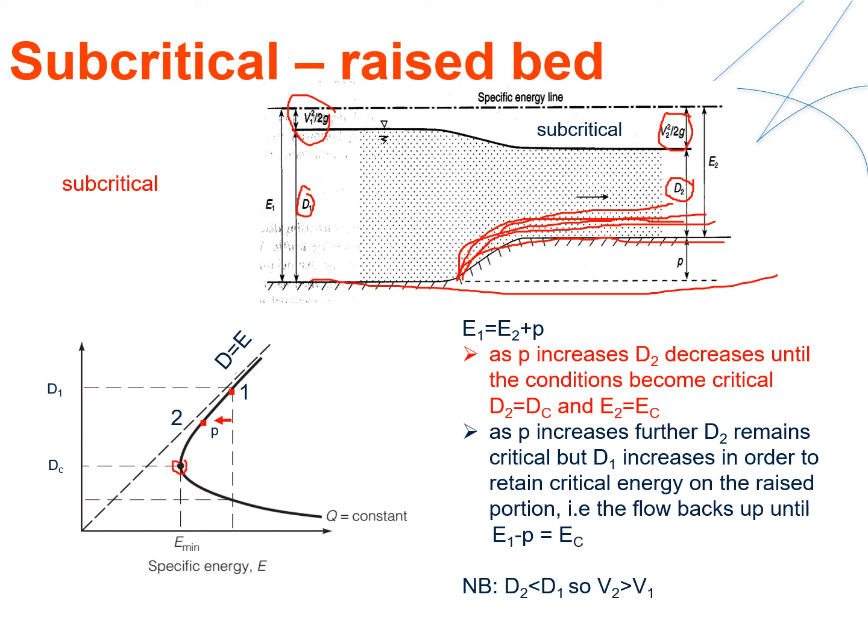Initially you have this d1 energy point, and you raise the bed by a height of p, and then what you get? You get this new energy, which is d2. So this is the energy corresponding to d2 and so on.